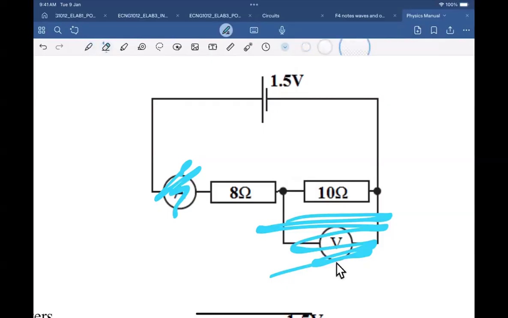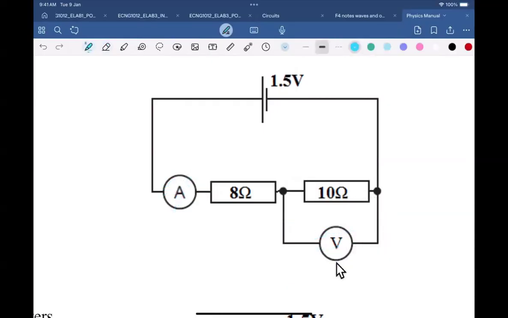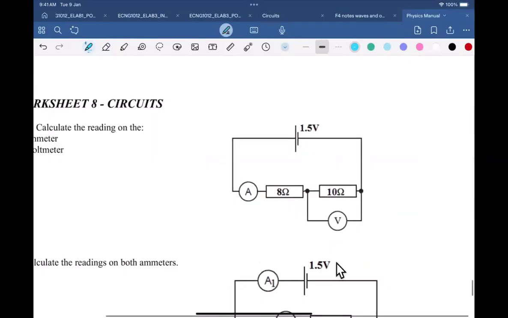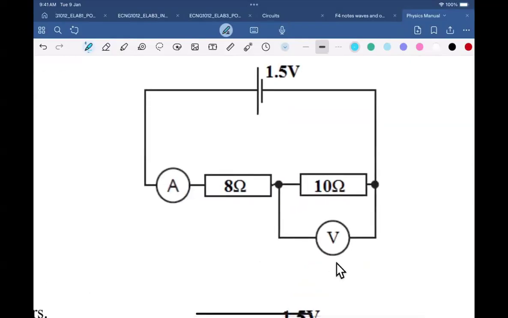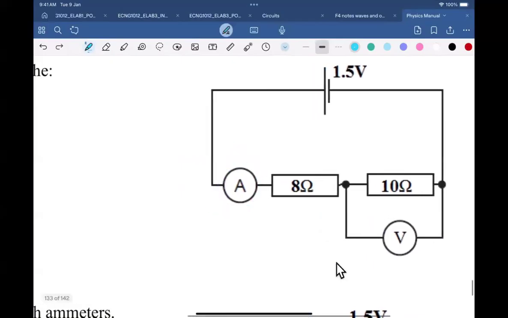Okay. Let me rectify the problem there. Aliyah, the ammeter and the voltmeter. It's the lines for me. Yeah, the line right through the middle, basically. What is over here?